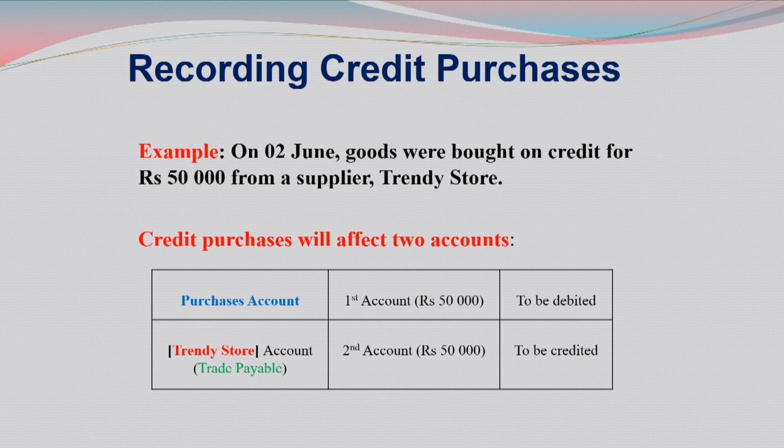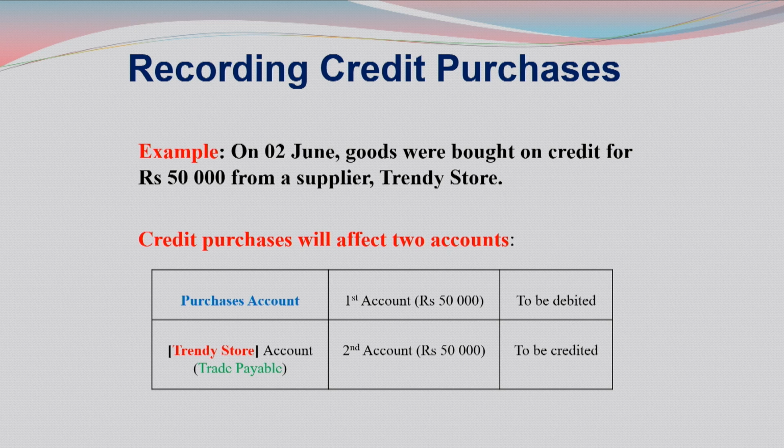An example of a credit purchase is, on June 2nd, goods were bought on credit for 50,000 rupees from a supplier, Trendy Store. The first account that will be affected will be purchases account.